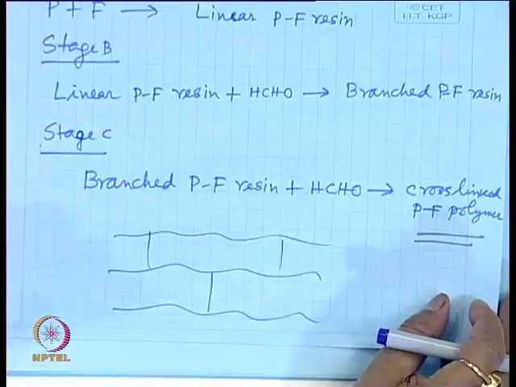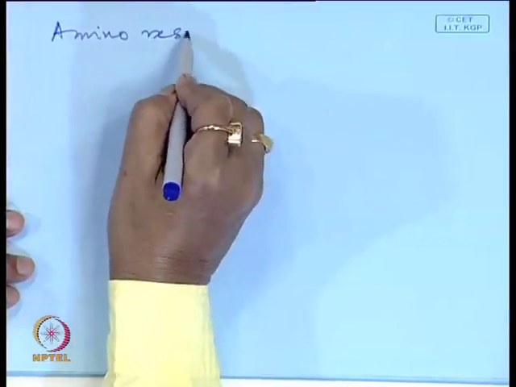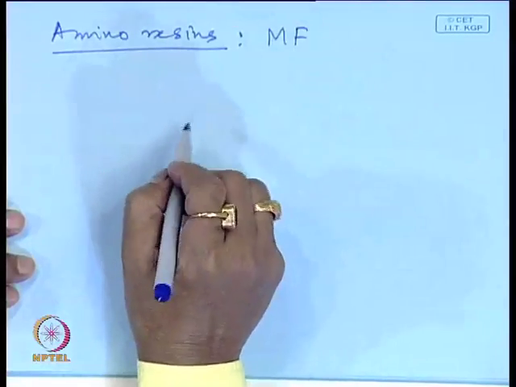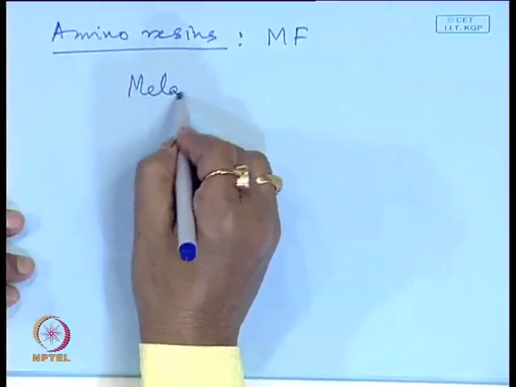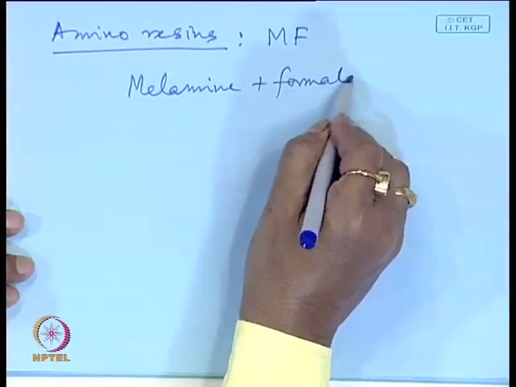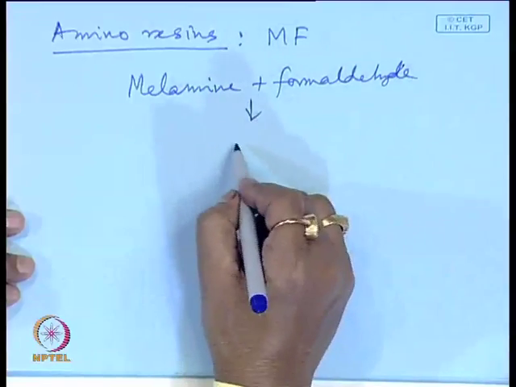So, this is PF. Similarly, we can have amino resins, melamine formaldehyde. Melamine reacts with formaldehyde, we get MF.